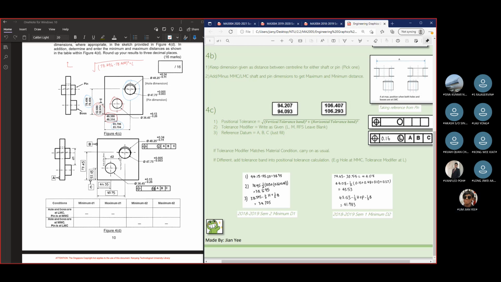Positional tolerance is like how much you can shake diagonally. I don't want to go too deep, it will get quite confusing. Just think of it as the Pythagoras of the tolerances.